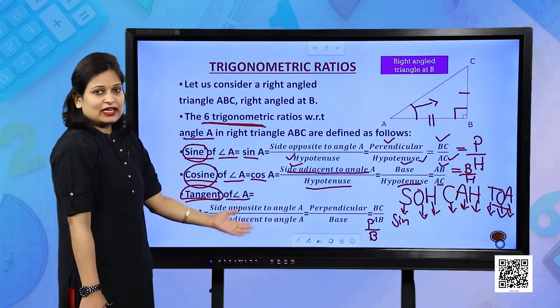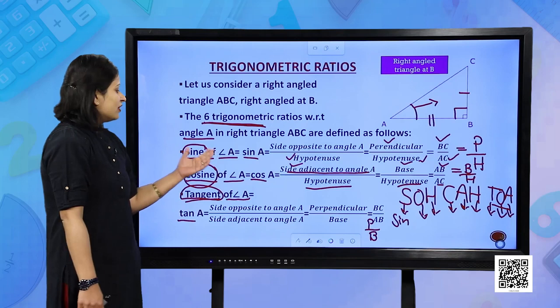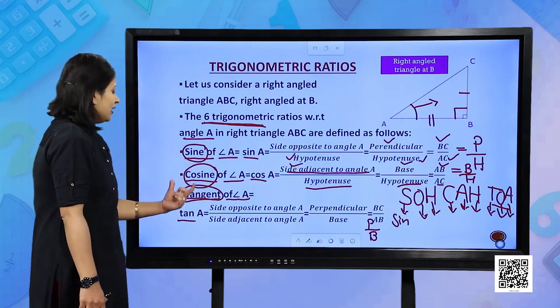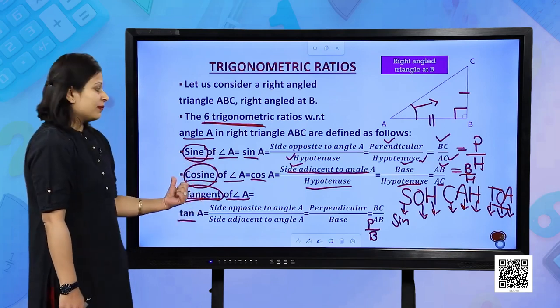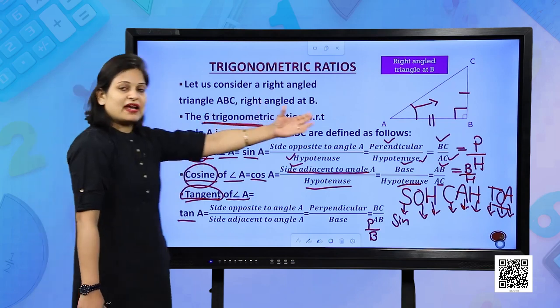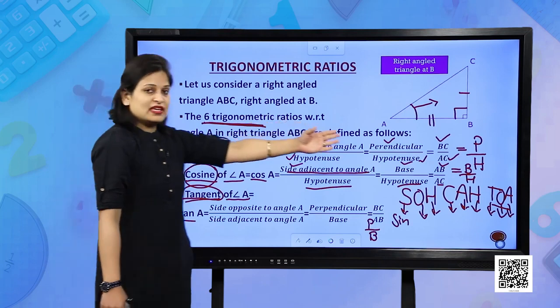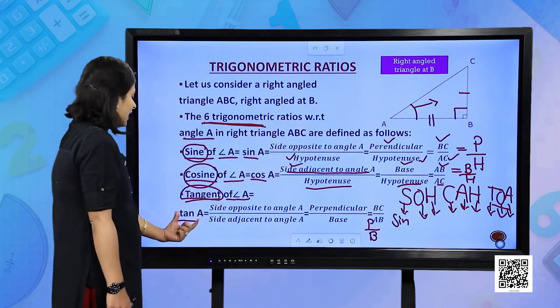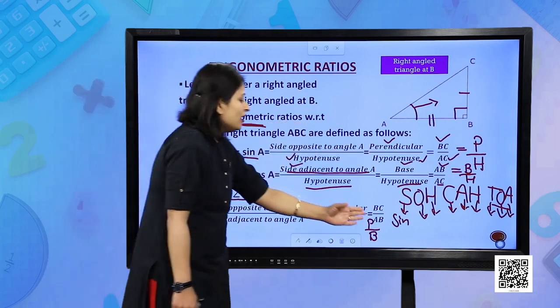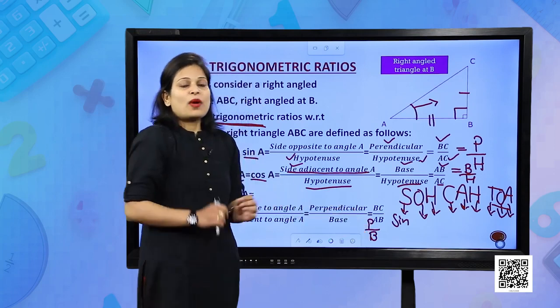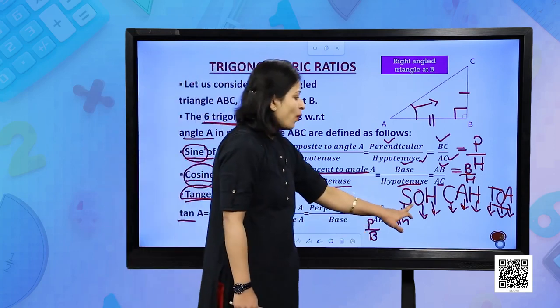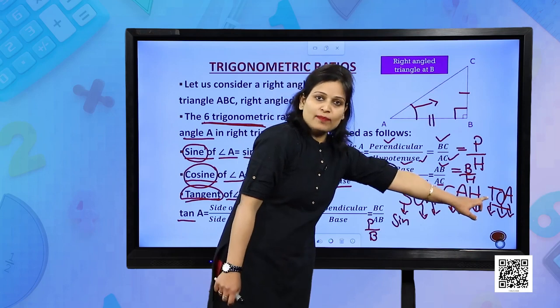Now, you can easily remember the definitions of the sine, cosine and tangent functions. Sine is perpendicular upon hypotenuse. Cosine is base upon hypotenuse, and tan is perpendicular upon base. You just have to remember so, ka, toa.